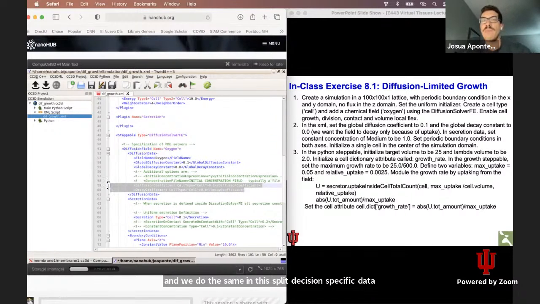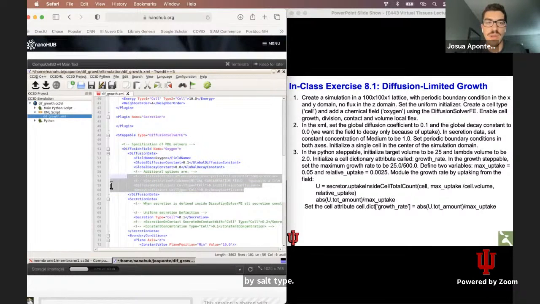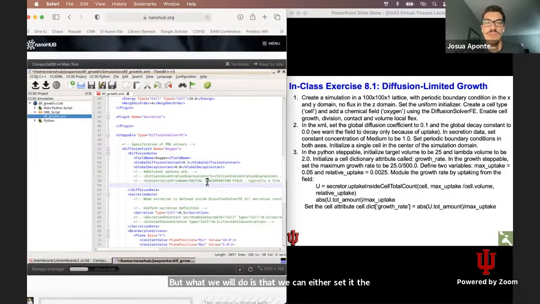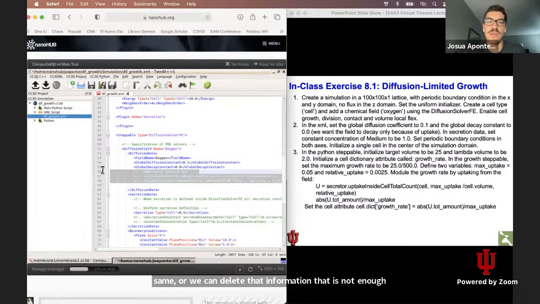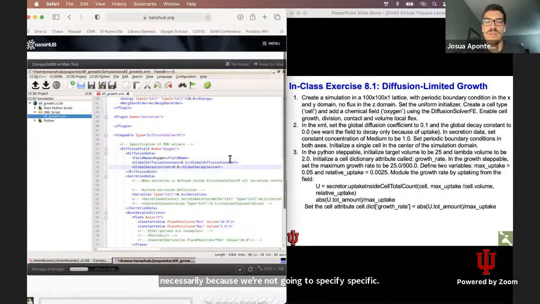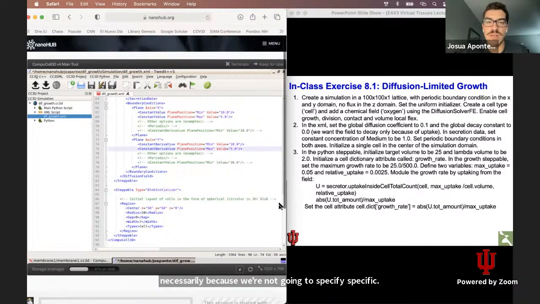Another option, because the diffusion data will always include the global diffusion information and local diffusion information that you can determine by cell type, is that we can either set it the same, or we can delete that information that is not necessary, because we're not going to specify specific diffusion coefficients and decay constants by cell type.